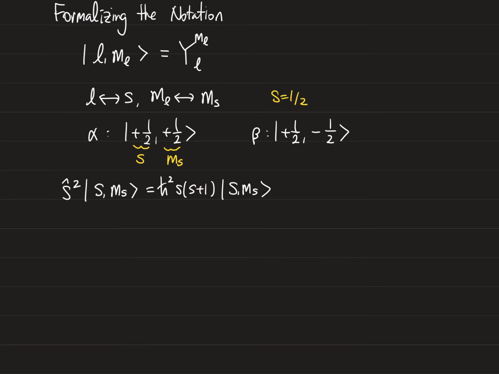And the orthonormality condition is ⟨S, m_S | S, m_S'⟩, that should be delta m_S m_S'. Because S is fixed at 1/2, we have only two possible values for m sub S.